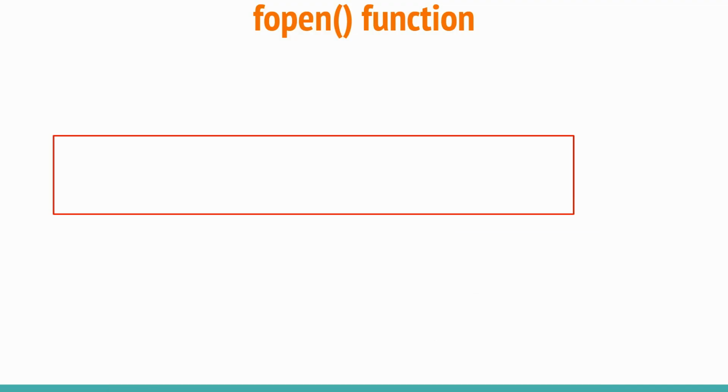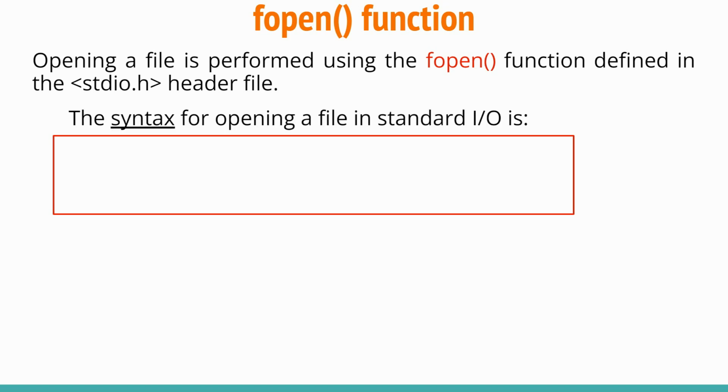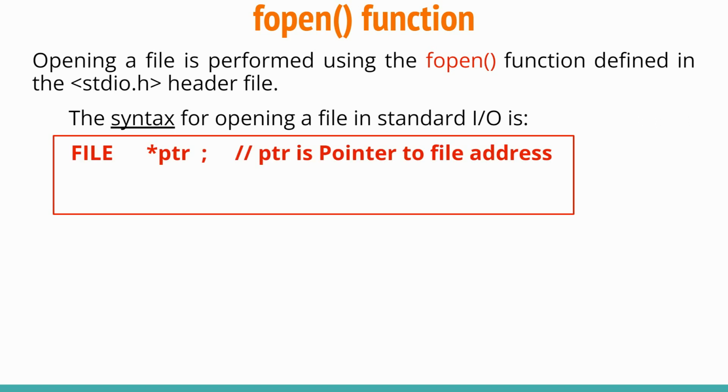Now let us understand the fopen function, which is very important. So opening a file is performed using the fopen function, which is defined in the stdio.h header file. Let us see the syntax of fopen. Whenever you want to use the fopen function, it always requires a pointer to the file location.